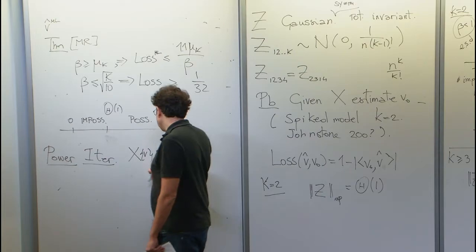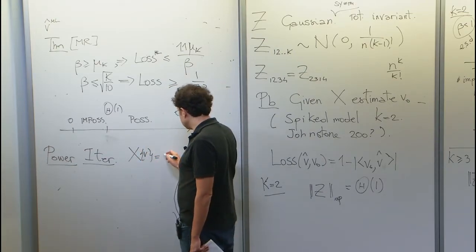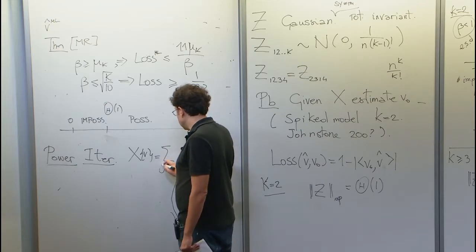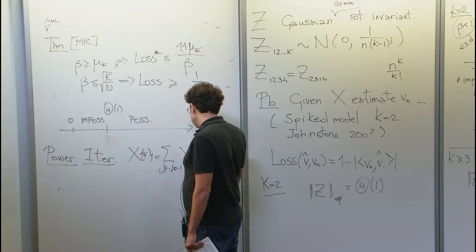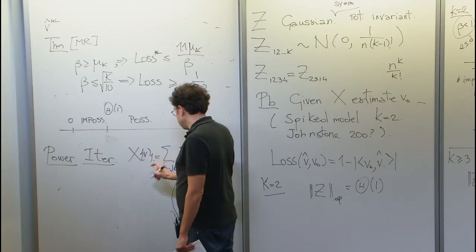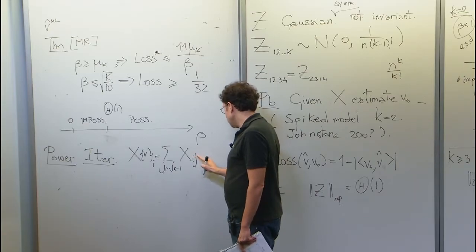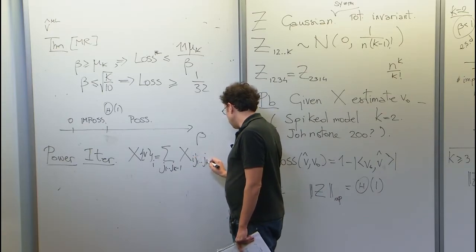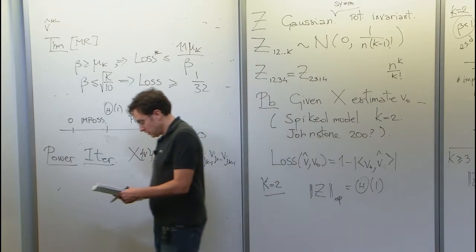So this means, if you have a vector v, I write x contracted with v, meaning that I do contraction over k minus 1 of the indices. So this is the vector whose index i_k has x_{i1,...,ik} v_{i1}...v_{i(k-1)}.